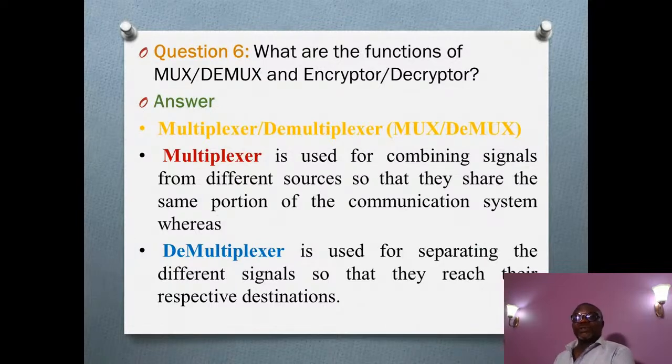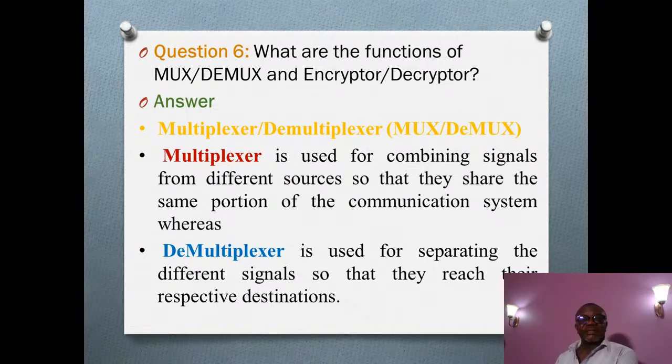What are the functions of multiplexers and demultiplexers, encryptors and decryptors in a digital communication system? So multiplexers and demultiplexers, otherwise known as mux and demux, can be applied thus.